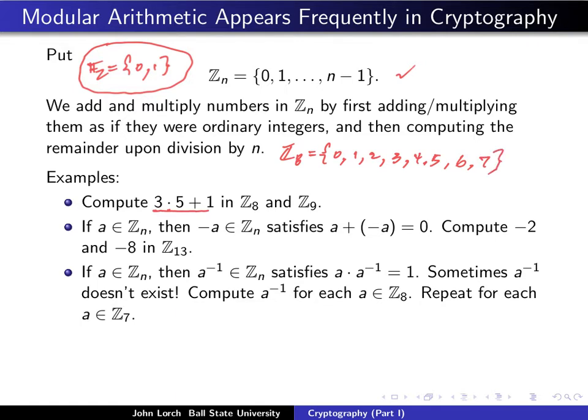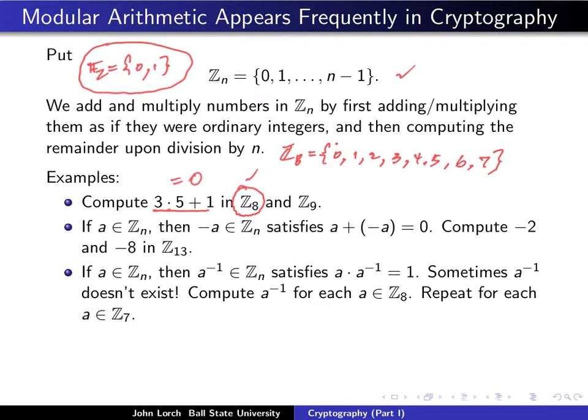Now if I'm going to compute 3 times 5 plus 1 in Z8, first I compute that as if I'm computing in the ordinary integers. That is, I take 3 times 5 to get 15, and then I add 1 to get 16. Then I divide that result, 16, by 8, and ask what is the remainder upon computing that division? And the remainder is 0, right? So 3 times 5 plus 1 is equal to 0 in Z8.